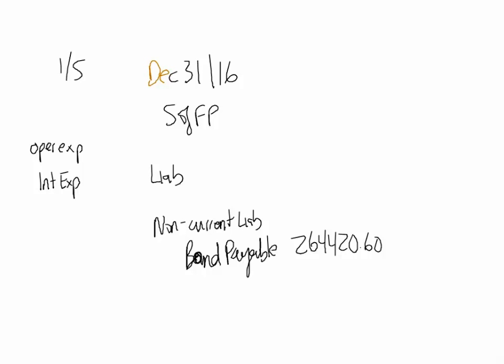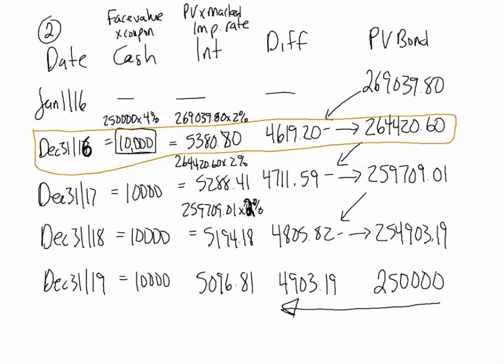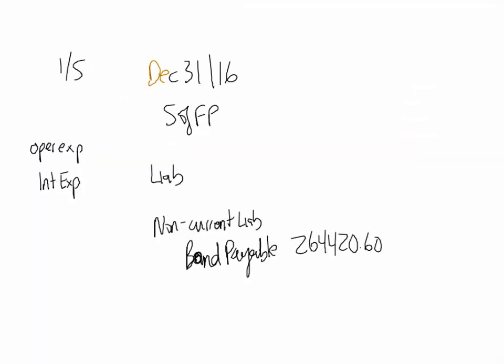It would be $5,380.80, and we can see that when we go back to the chart, right? Because this is the interest expense that we're recording. So absolutely, that would be the amount of the interest expense. $5,380.80. All right, everybody clear with that?